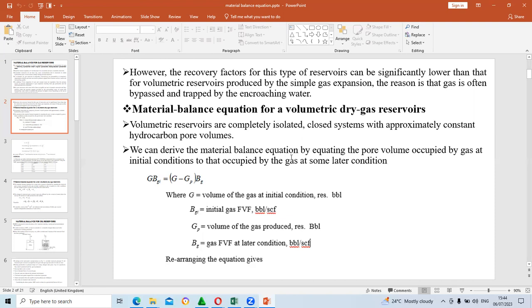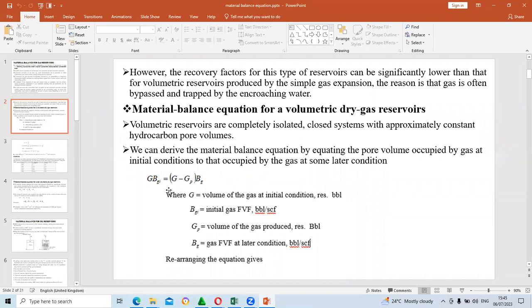A volumetric reservoir is a reservoir where there is no water influx. That means if gas escapes from the reservoir, there is no water that comes in to replace the gas that has escaped. What will happen is the remaining gas will by itself expand and occupy the same space that was occupied by the original amount of hydrocarbon.